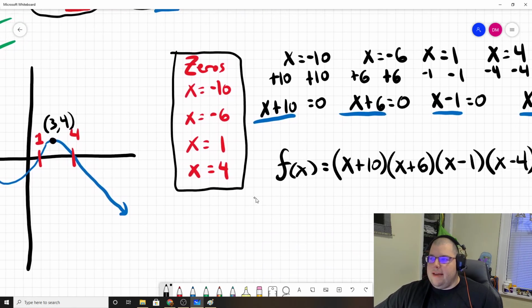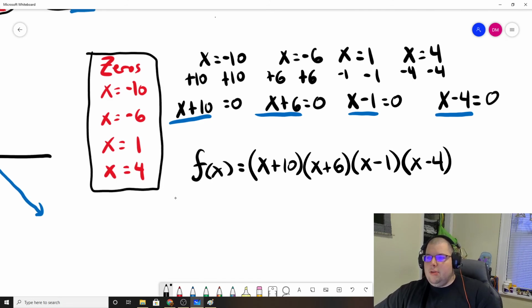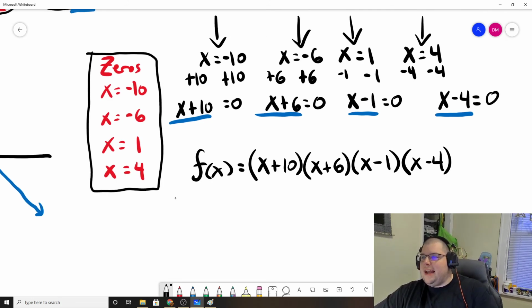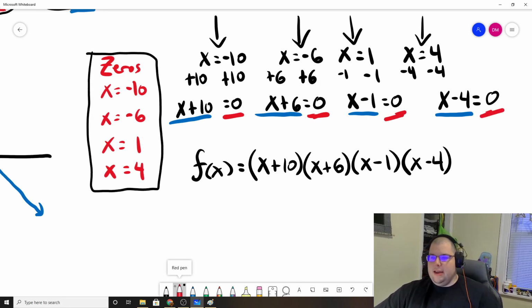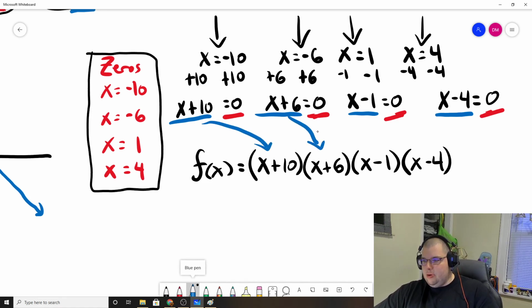And then from that list, you can do the work of moving the number over to the x side and getting 0 on one of the sides. And once you have 0 on one side of the equation, each of those gives you the piece that goes into your factored polynomial.